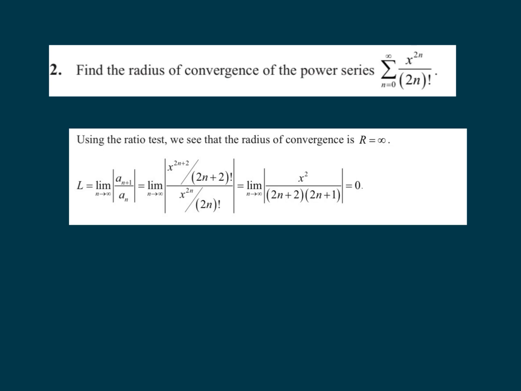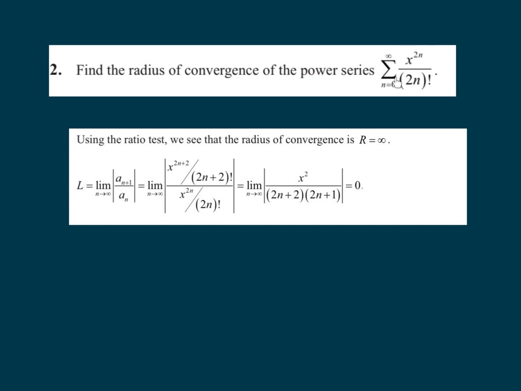So the ratio test says if the limit of a sub n plus 1 divided by a sub n is less than 1, if this L is less than 1, converge. So let's do it. What is a sub n plus 1?